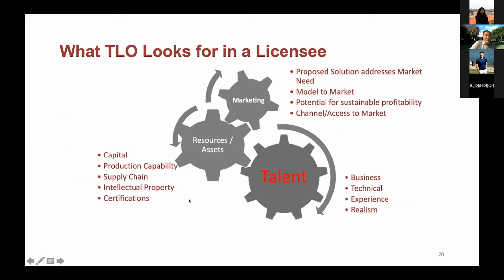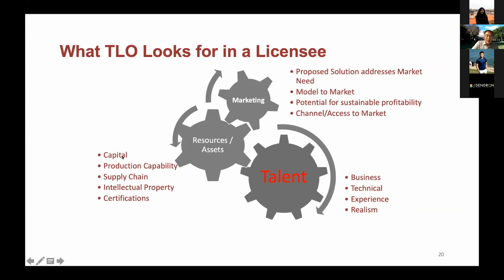So for the MIT Technology Licensing Office, when they look for a licensee, they look mainly at the team, actually the talent. They look for business and technical experience and realistic people.